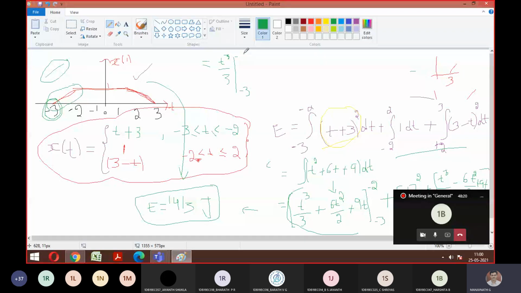So this is one term. Then plus 6, over here only you can make 2 3s are 6, so you can make it 3t square here itself. So 3t square, apply minus 3 to minus 2. So this is the way we can solve. Plus 9 is constant there, and for t I should apply minus 3 to minus 2.